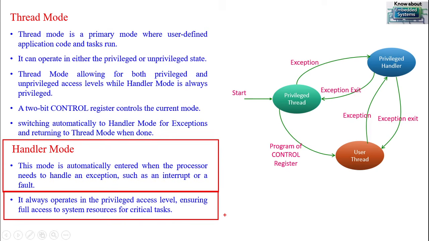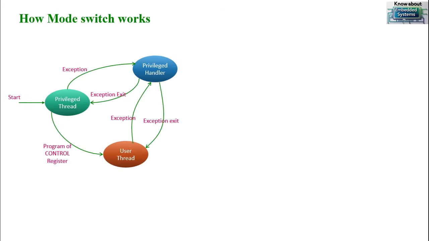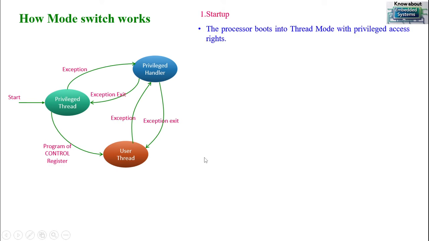Upon execution of a handler program, the processor will go back either to user thread mode or privileged thread mode based on the previous state. Now let us understand how the mode switch happens with this flow diagram. You know that we have 3 states: one is privileged, one is user, and one is privileged handler. When you reset, the processor will directly go to the privileged thread mode, or you can say privileged operating mode, and it will start executing.